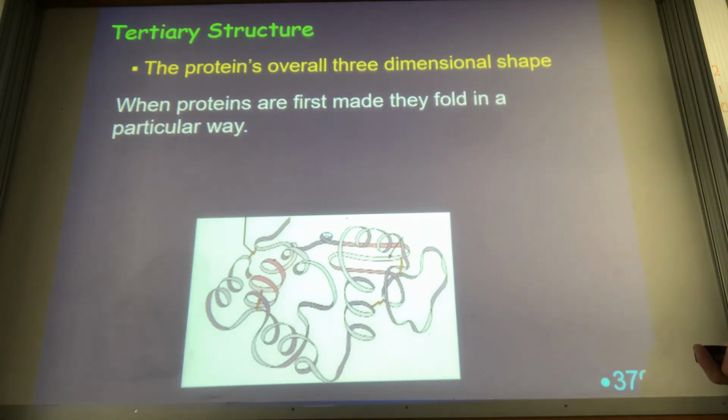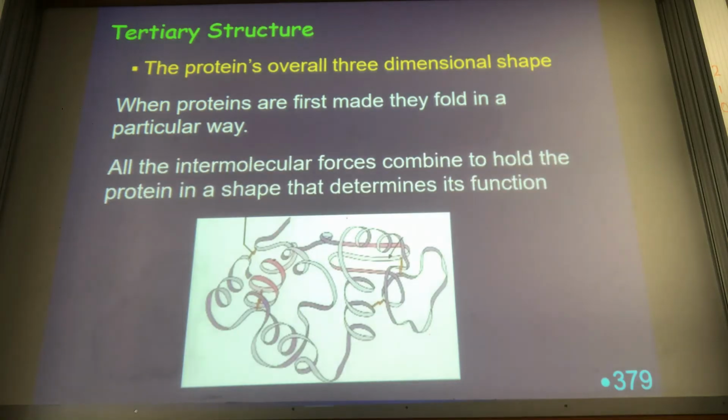So as a protein is being manufactured in the ribosome, it comes out of the ribosome and folds in a particular way. That's very important, that initial folding process, as it gives it its tertiary structure, gives it its form and function. Now all of the intermolecular forces combine to produce this structure and enable it to fulfill its function.